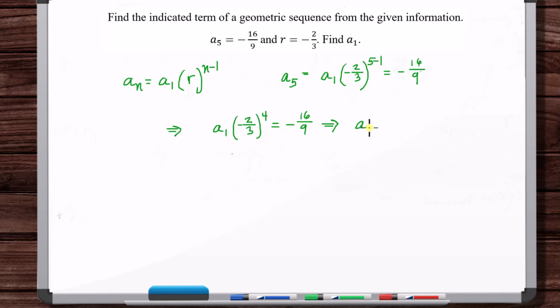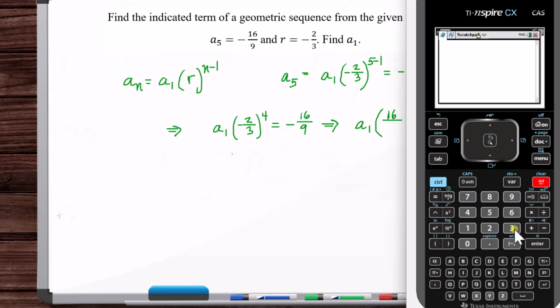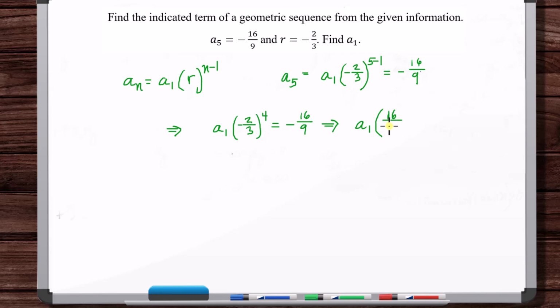So a sub 1. The 4th power is going to take away the minus sign. So 2 to the 4th is 16, 3 to the 4th is 81.